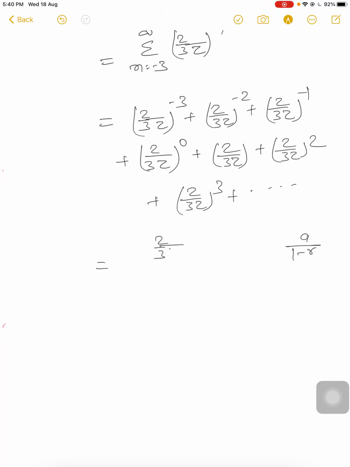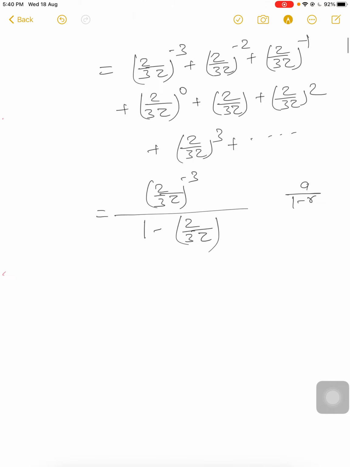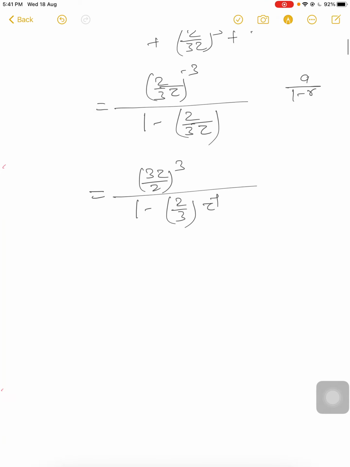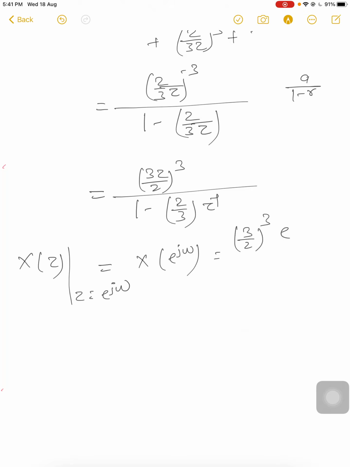So here it is the first term upon 1 minus the common ratio, which gives (3/2)^3 z^3 upon 1 minus (2/3) z^(-1). After simplification, put X(z), and put z equals e^(jω), then it becomes X(e^(jω)) equals (3/2)^3 e^(j6πf) upon 1 minus (2/3) e^(-j2πf).